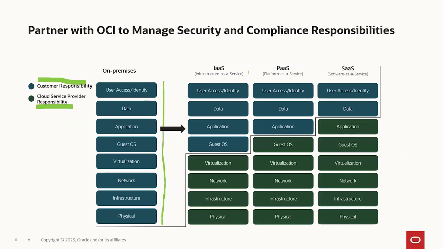As we get into our as-a-service models, this is where the cloud service provider starts to take on more responsibility. For infrastructure as a service, we have the physical infrastructure, network, and virtualization layers. Platform as a service is going to add the guest OS, and then with software as a service, the only customer responsibility are the user access and identities, as well as the data that is being put in.